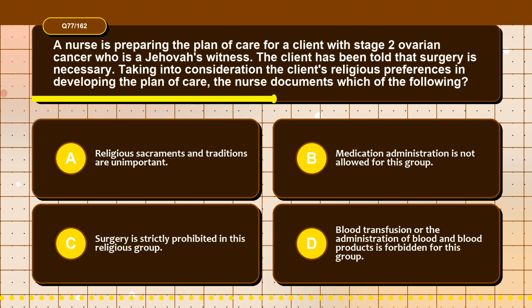Option A. Religious sacraments and traditions are unimportant. Option B. Medication administration is not allowed for this group. Option C. Surgery is strictly prohibited in this religious group. Option D. Blood transfusion or the administration of blood and blood products is forbidden for this group.